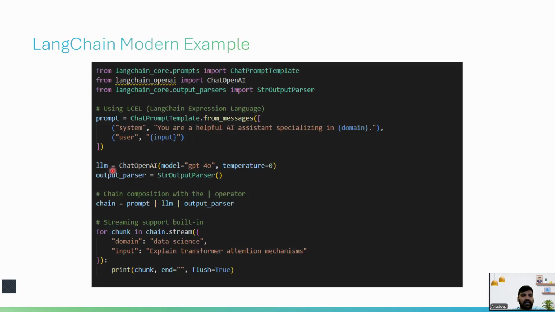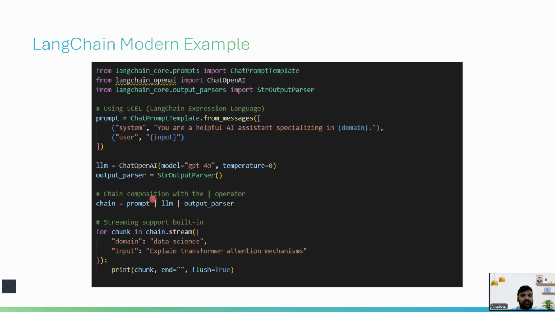We are declaring the LLM here using the ChatOpenAI module that we imported, and we are using the model GPT-4o with temperature 0. When I say temperature very low, it means we are focusing only on that domain, and we are not letting the LLM create or imagine anything. For the output parser, we have set it to string output parser because we want it in strings.